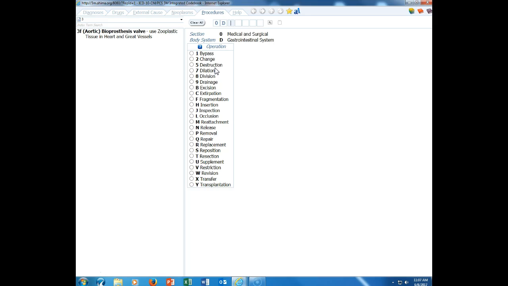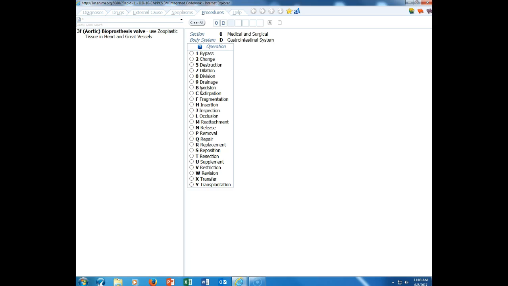Now, when we're looking at root operations, in another book they were actually listed beginning with 1, 2, 3, 4, 5, and then A, B, C, D, E. But in this book, they're grouping them together. If you look at your screen, you can see bypass, change, destruction, dilatation, division, in numerical order and then alphabetical order.